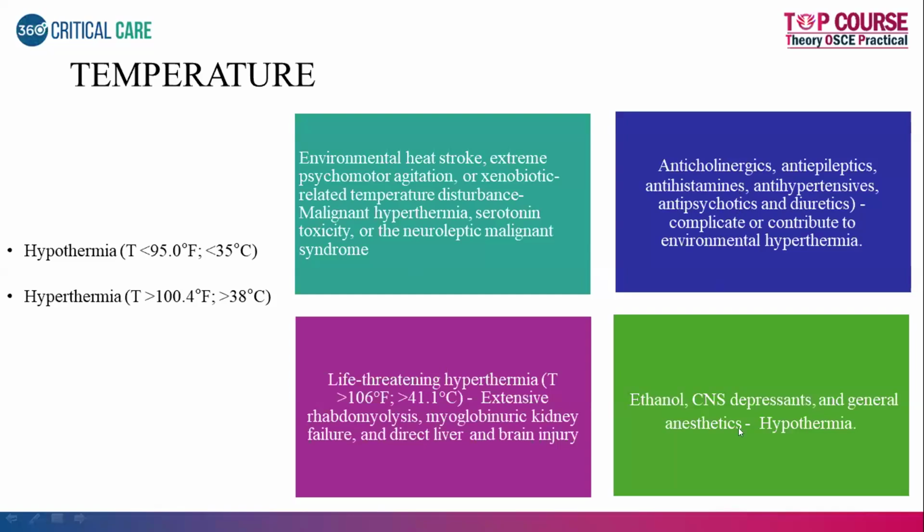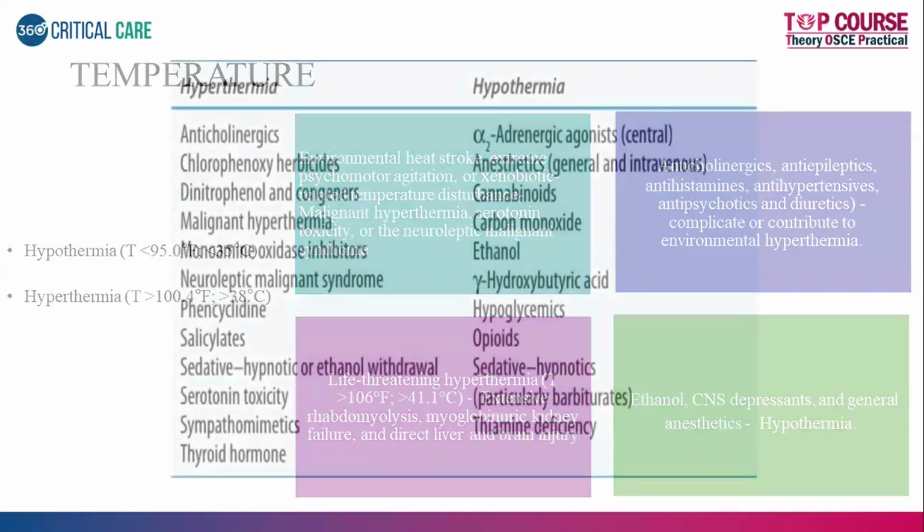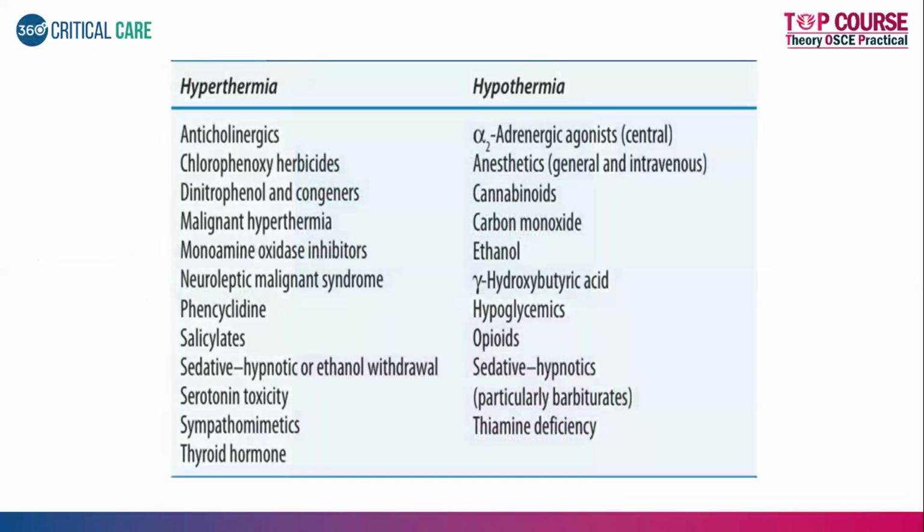Whereas certain drugs like ethanol, CNS depressants, and general anesthetics may cause hypothermia. So we've already discussed what causes hyperthermia and what causes hypothermia. Other examples of hypothermia are general anesthetics, carbon monoxide, ethanol, and hypoglycemics.